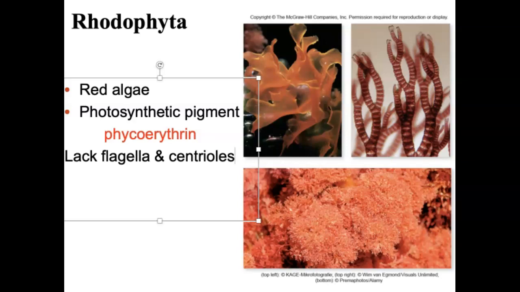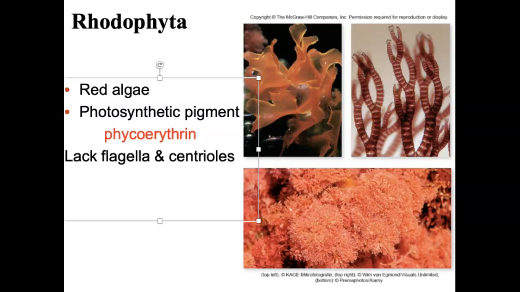So now if you remember, during meiosis and mitosis, animal cells use centrioles to act as anchors. Well, these guys don't have them. Plants don't have them either. So it's one of those evolutionary connections from algae to plants is they're missing certain structures, or the absence of certain structures.